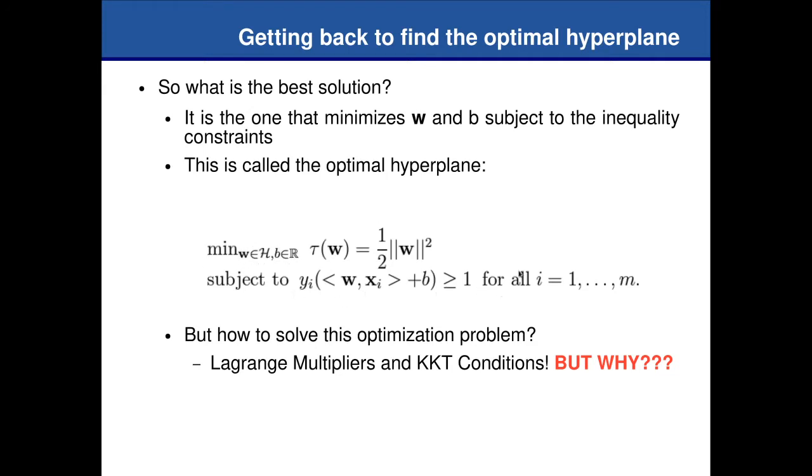What happens if I try to write this problem in a different way? I can find what is called the dual problem. So you can see this as our first problem form, or the first way we formulate our problem.